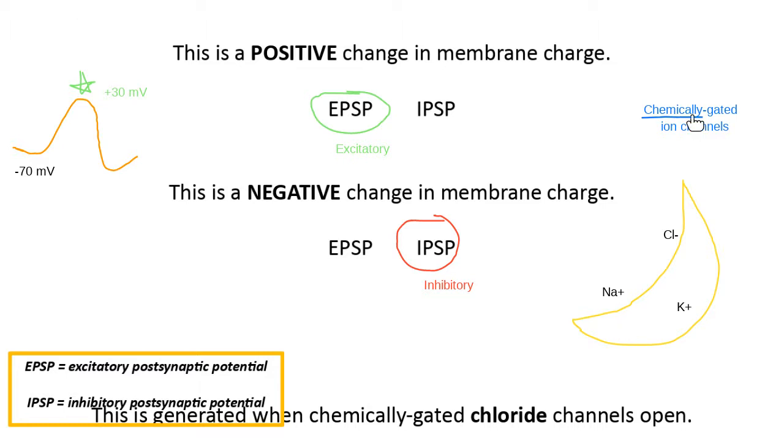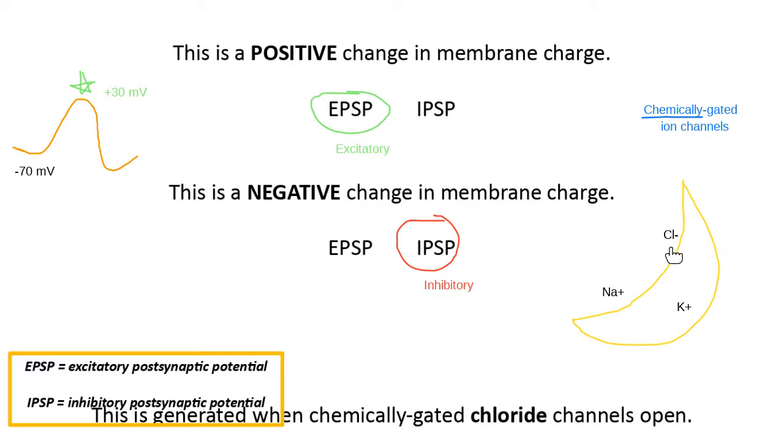When we talk about opening up a chemically gated channel for any of these things, remember we talked about this yesterday, they are always going to move from where there's a lot to where there's a little. So I've got a lot of chloride outside. When I open a channel for it, that chloride is going to rush inside.